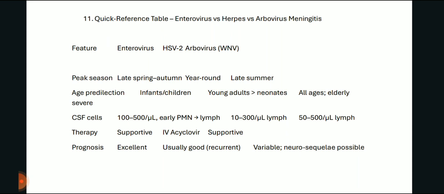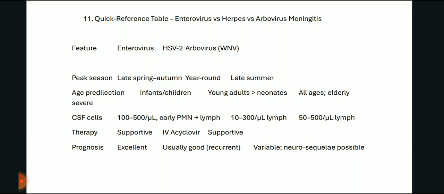Okay, now the CSF cells: 100 to 500 per microliter, early PMNs and then converting into lymphocytes, are seen in enteroviruses. 10 to 300 per microliter lymphocytes are seen in HSV2, and 50 to 500 per microliter lymphocytes are seen in arbovirus.